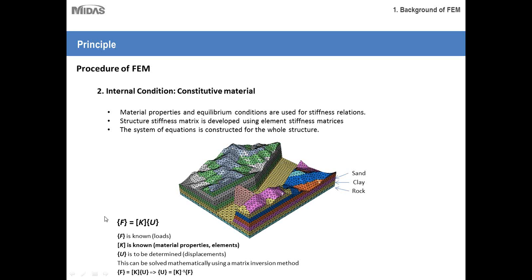In this equation right now, we are entering the value for K. When you give the program the constitutive material models, you are telling the program the material properties and the elements, which will form the stiffness matrix. So right now we have provided the value of this stiffness matrix.